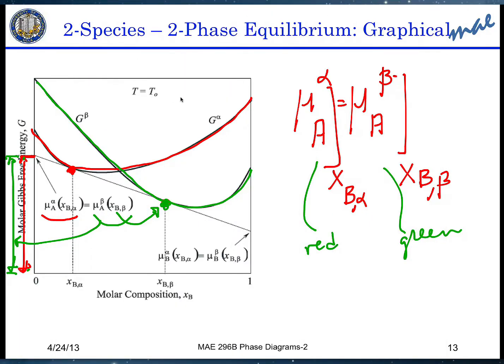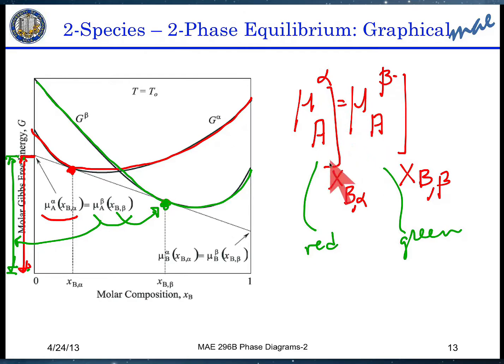If you look at what we have here, basically the Gibbs energy as a function of concentration for phase alpha and also for phase beta. The green line is for phase beta, and then we use the equilibrium, which is summarized here, that the chemical potential of element A in phase alpha must be equal to the chemical potential of the same element in phase beta.